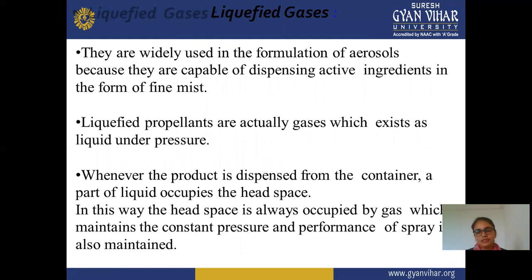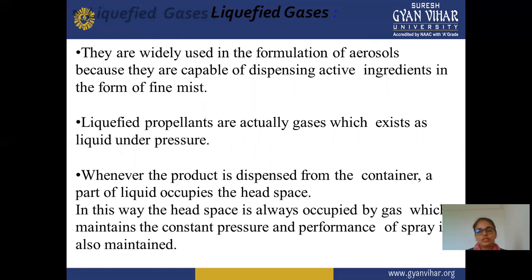First is liquefied gases, the first type of propellant, and these are widely used in the formulation of aerosols. We can say that the most widely used propellants are liquefied gases. We use them in large amounts because they are capable of dispensing the active ingredient in the form of a fine mist. When you apply pressure, it can easily expel the required amount of active ingredient in fine mist form.